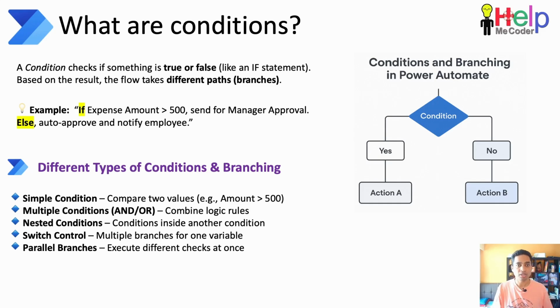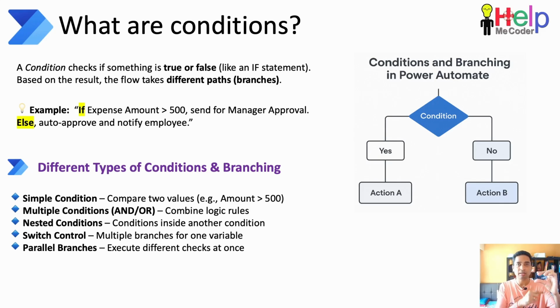Switch control is another condition, but here we will have multiple branches. For example, the parameter for that one variable can be expense category. If I say a switch of expense category, there can be multiple branches of it.